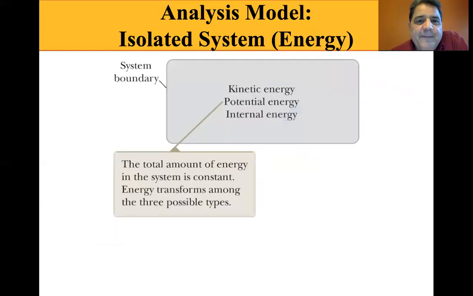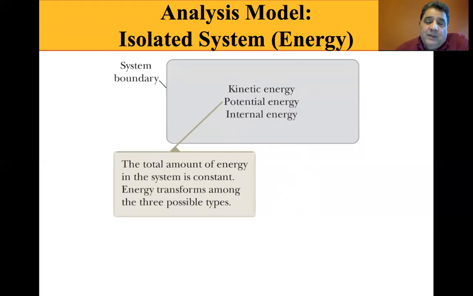Okay, so notice that in an isolated system, if you recall the previous graph, we had all these arrows going in and out, all the transfer mechanisms: heat, mechanical wave, electrical transmission, all of those. Well, in an isolated system, everything stays within the system boundary. So the total amount of energy in the system is constant. Energy transforms among the three possible types: internal energy, potential energy, and kinetic energy.